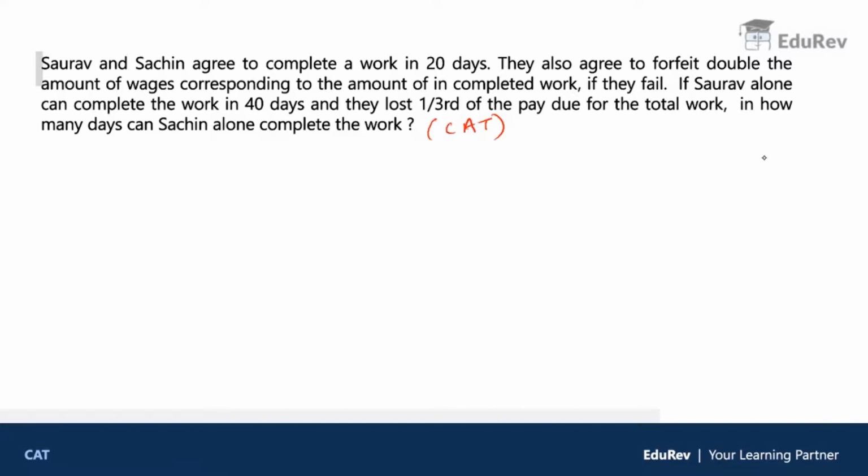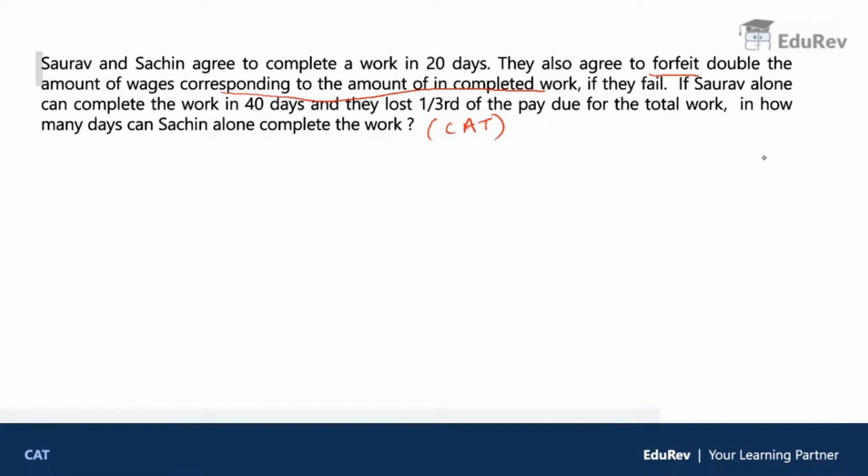Dekho. Saurav and Sachin agreed to complete a work in 20 days. So they are supposed to complete the work in 20 days. They also agree to forfeit double the amount of wages corresponding to the amount of incompleted work. Basically, it's incompleted work if they fail. So let's say if they fail to complete half the work, they will pay double the wages.